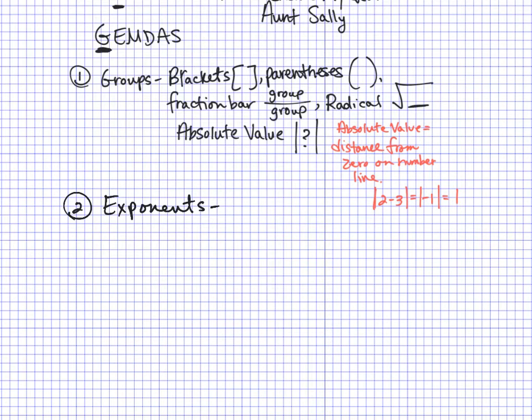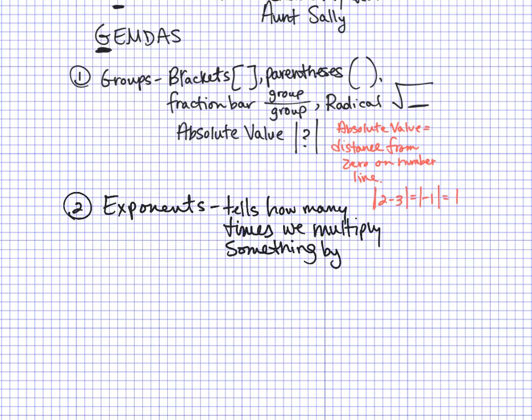An exponent is a value which tells us how many times we multiply a number or a value by itself. And that something could be a number, it could be a variable, it could be an expression, but an exponent tells us how many times we multiply something by itself.